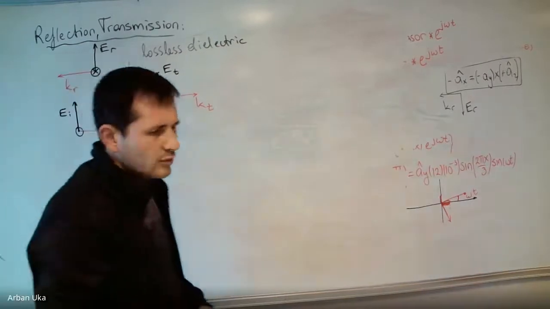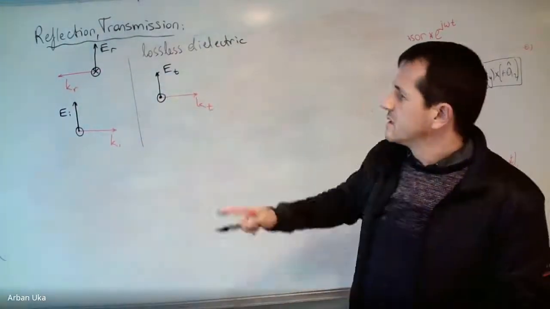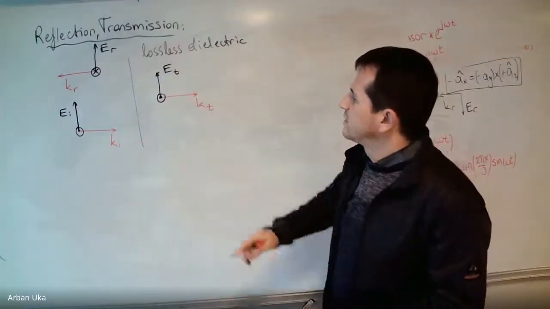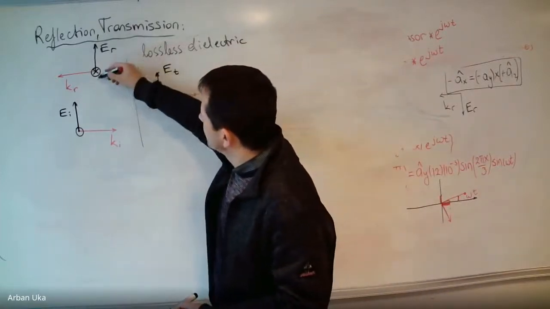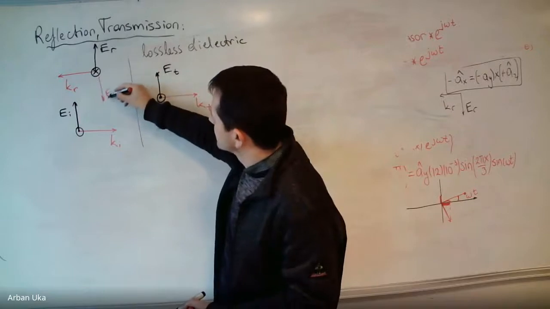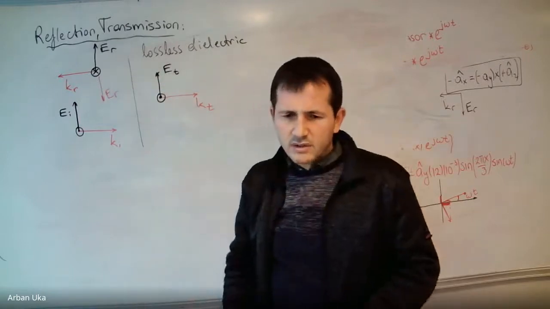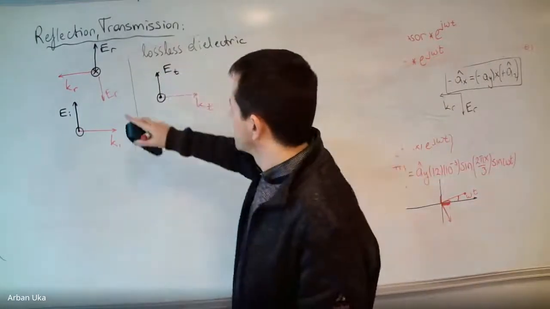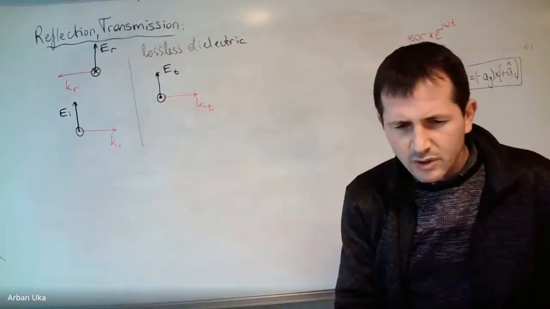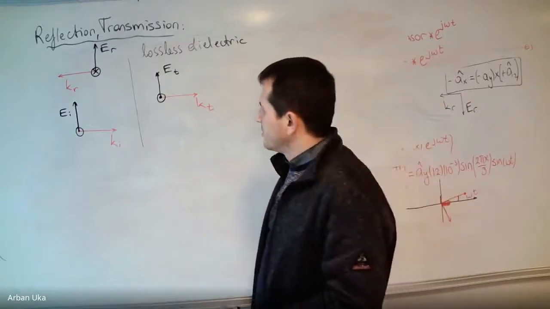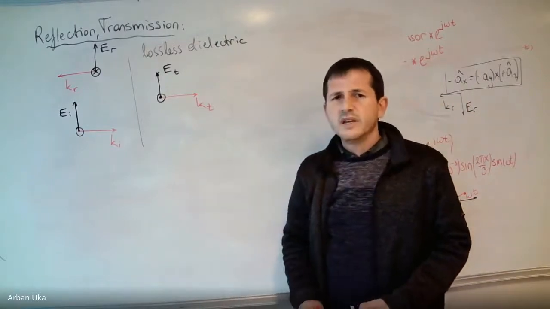Now we could draw these electric fields differently. We can draw the ER pointing down, so instead of this ER we could also draw it like this, and call this ER. Then we write down the boundary conditions depending on this. But we don't care, we just know one thing that we consider as a reference, like an equation: what is the independent variable?